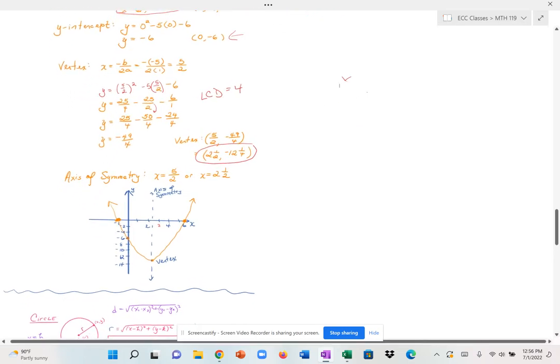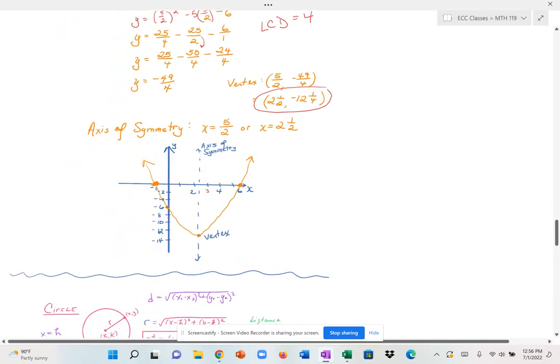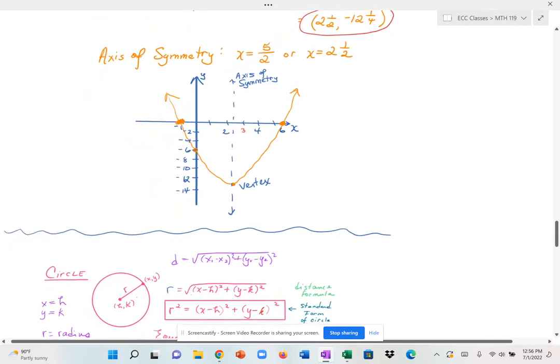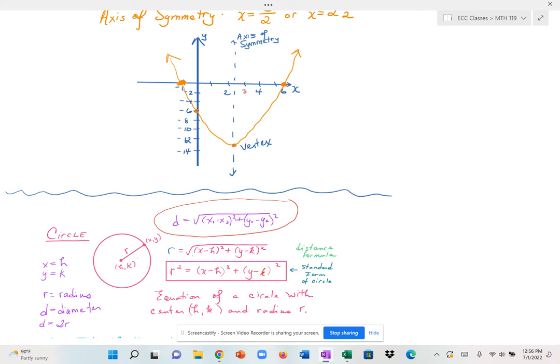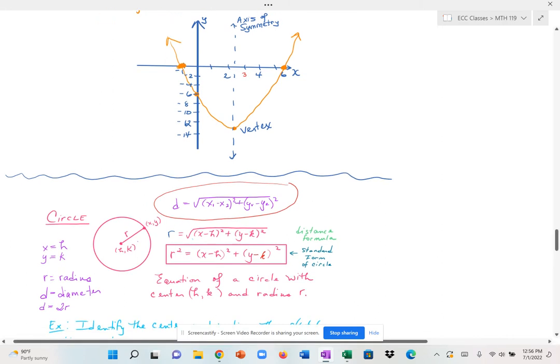Okay, so now we'll talk about circles. The equation of a circle comes from the distance formula, which we talked about in this lesson. As a reminder, you can find the distance between 2 points by plugging them into that formula. Imagine I call one of the points (h, k), and that point is the center of a circle.